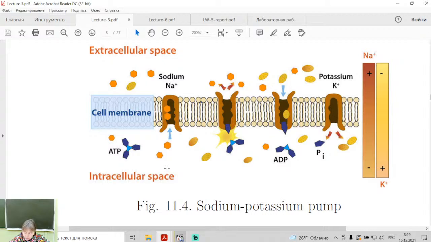This protein is known as the transport ATPase or potassium-sodium ATPase. Ion transport is caused by conformational change in the protein carrier. Ion transport during sodium-potassium pump action results in an essential difference in sodium and potassium concentration inside and outside the cell.